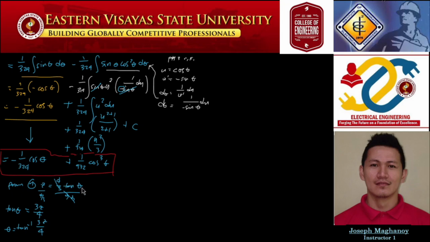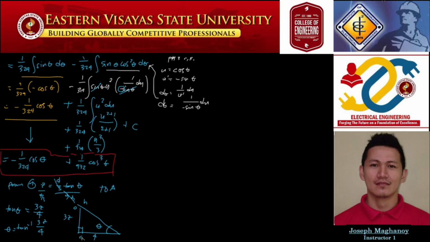That is for theta. But we need our cosine theta. We will use this relationship. If we draw a right triangle, this is theta. So tangent is TOA, opposite over the adjacent. So our opposite is 3z. Our adjacent is 4. We need to determine our hypotenuse.